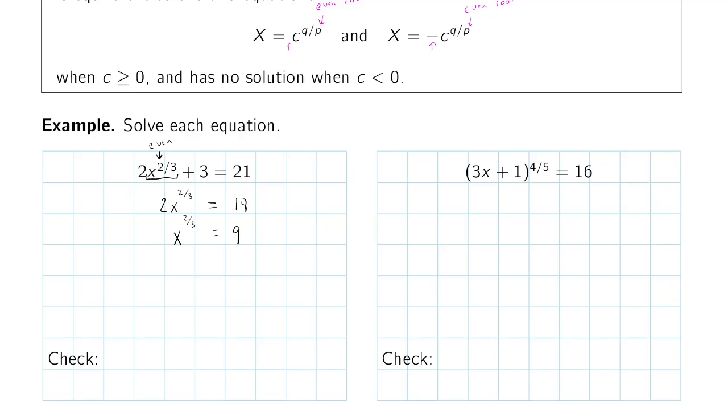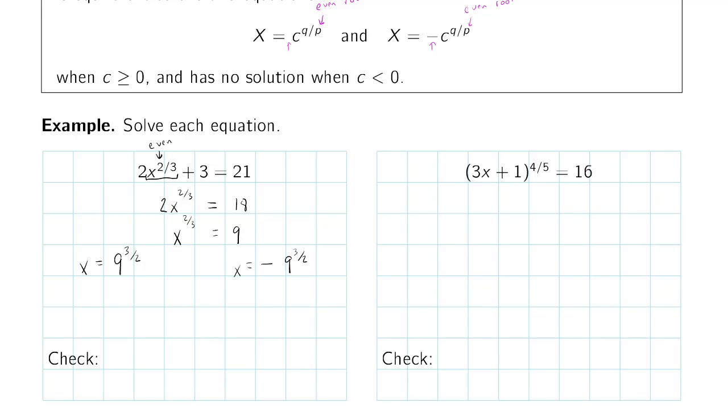We split this in half. There are two possible solution paths here. We can have either x is positive 9 to the 3/2, or x is negative 9 to the 3/2.